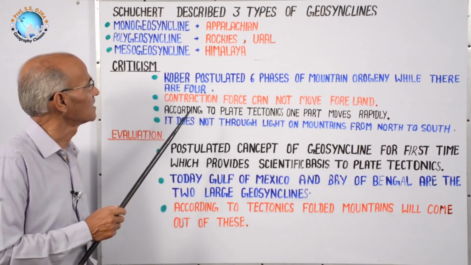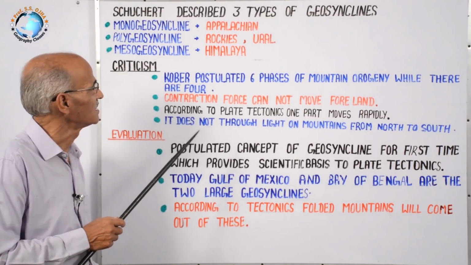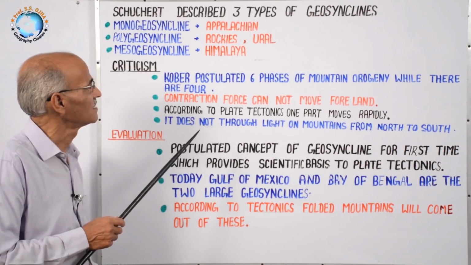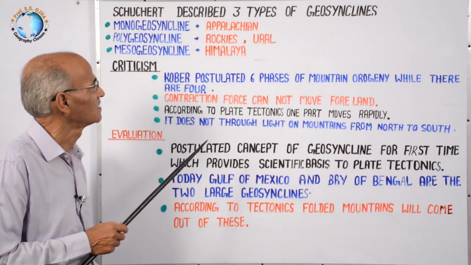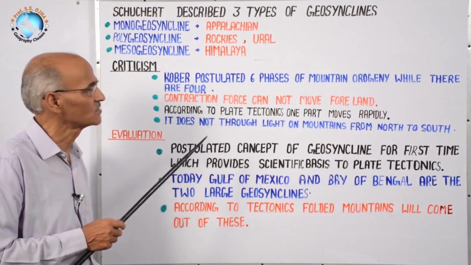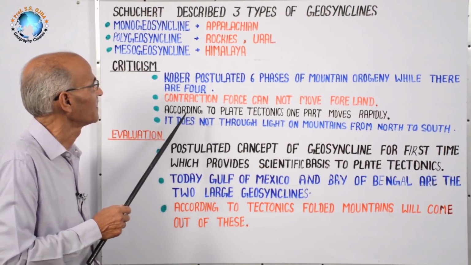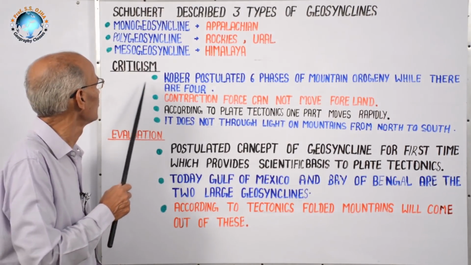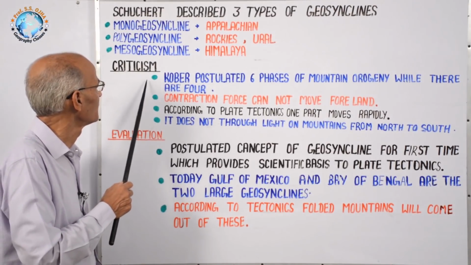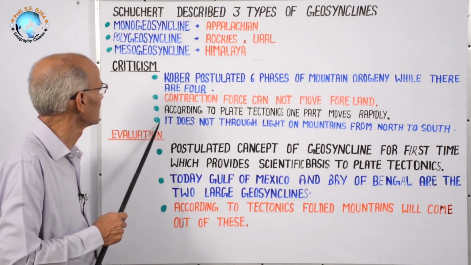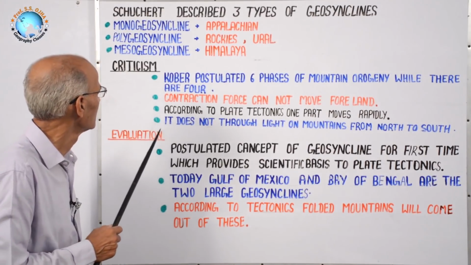Now, after understanding the definition of geosyncline, its types, and the mechanism by which KOBER proposed that folded mountains emerged out of geosynclines, and the number of examples he gave, let us criticize this model. Although there are a number of points of criticism, positive evaluations are also there.